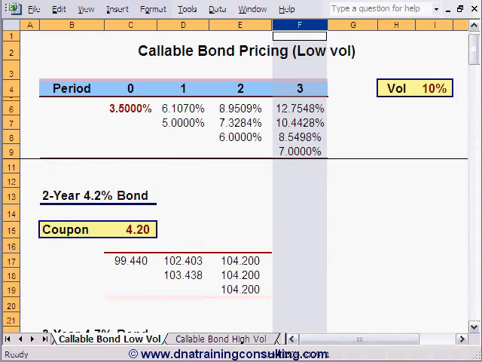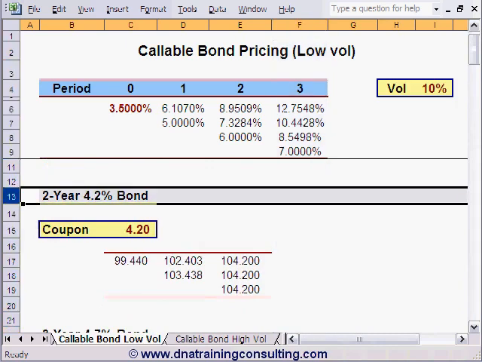The tree you see starting on this row 13 attempts to model the price behavior of the 2-year bond with a 4.2% coupon.